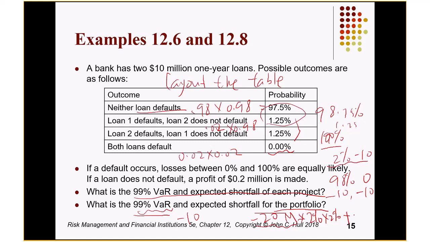Plus, and then you have $10 million, right? That would be $10 million. Anything above 99%, right? If you add those, how many of them are above that? It's almost 1%. Okay.